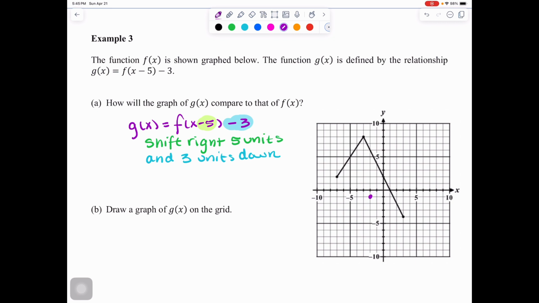Then I'll go to the next point at the peak, which is at negative 3, 8, and I will shift it 5 units to the right and 3 down. And then my last point, same thing. I'll go 5 units to the right and 3 down. I'll then connect it in the exact same shape that it was originally.